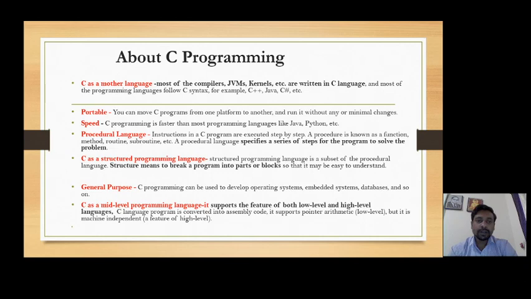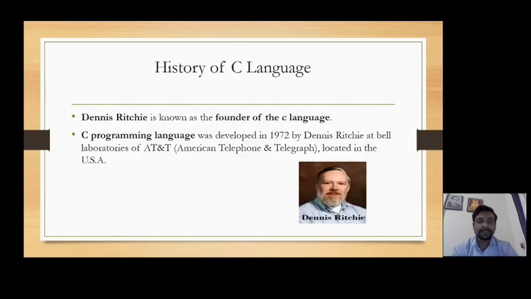C is considered the mother of programming languages due to its portability, speed, procedural and structured nature, general purpose use, and its middle level nature. The existence of C programming still continues in the market.